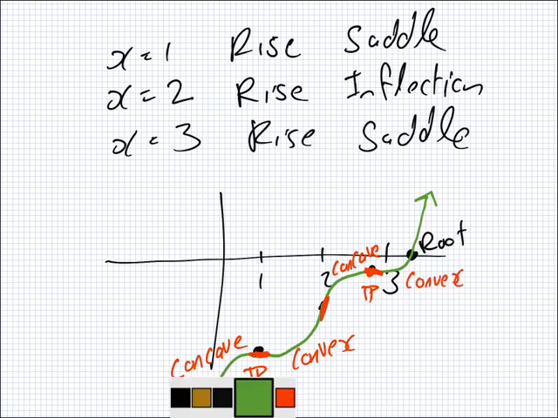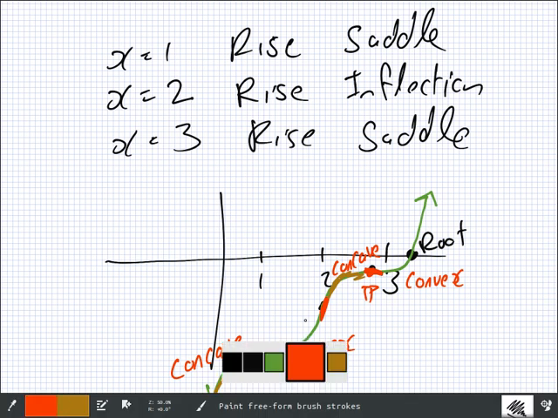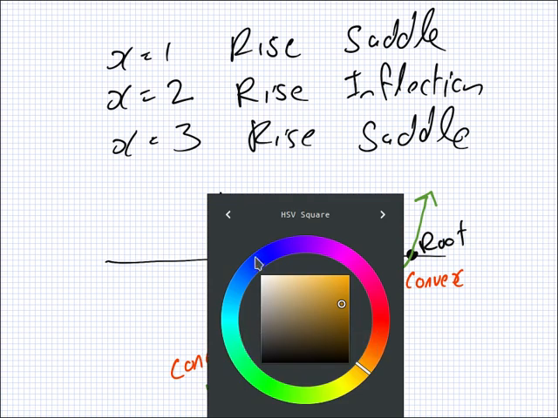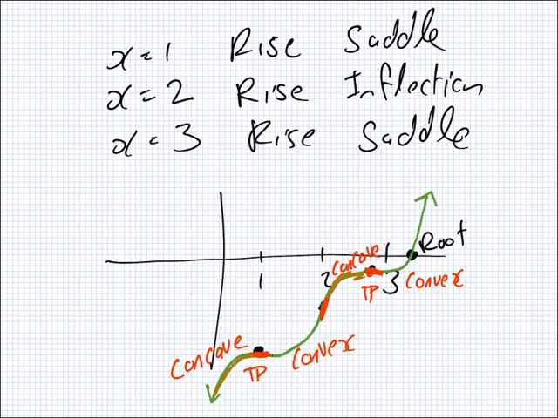I'll shade it in brown here: concave, convex, concave, convex. And in blue maybe, how can I change colours? Here we go. And this is flat here, and this is flat here, but this is rising. Okay, yeah, that matches up with the picture.